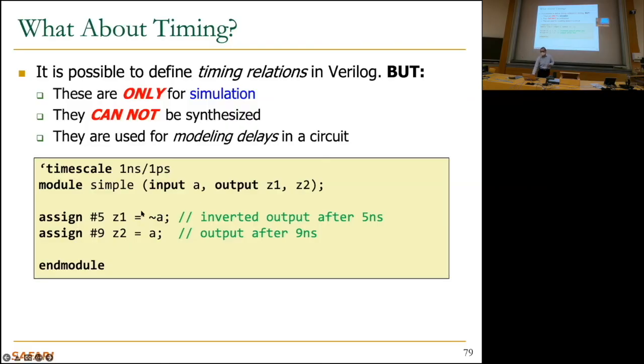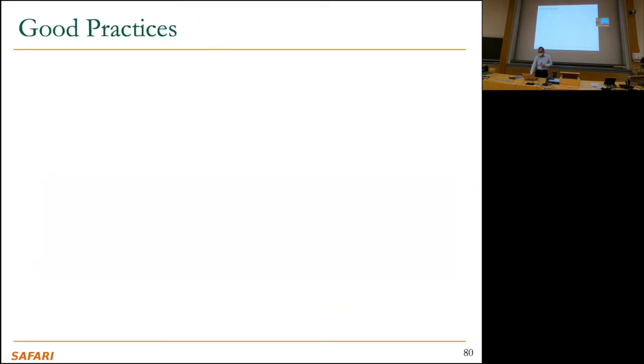Basically, we were kind of assuming that it takes 5 time scales to do this not, and it takes 4 more time scales to do this assignment for wire delay, whatever. And then you can actually combine this with multiple modules and multiple circuits and see the simulation and see what happens. You can see all of these timing delays in simulation. But now we're explicitly inserting them. So more on this later. Actually, this should be tomorrow, not later today, because we're not going to talk about timing much today. Tomorrow is all about timing and verification.